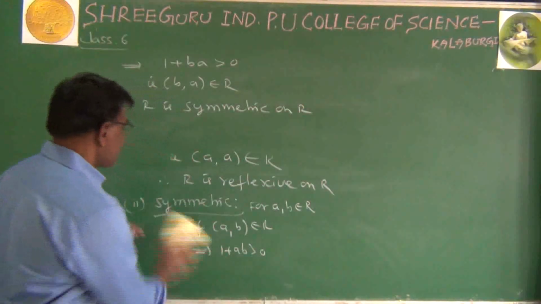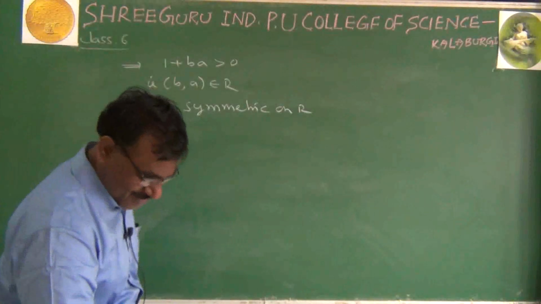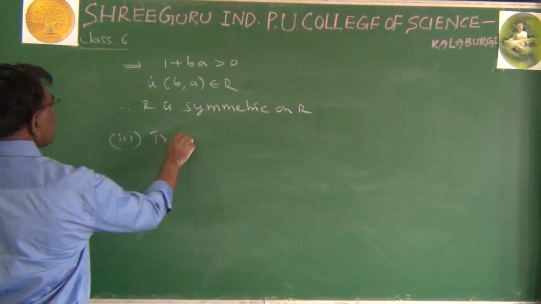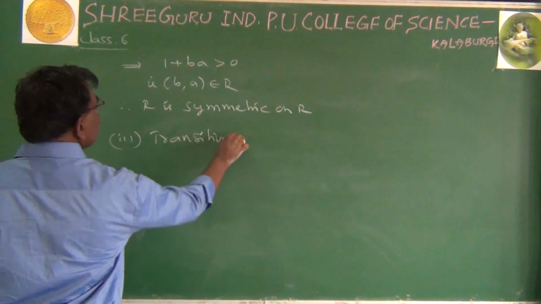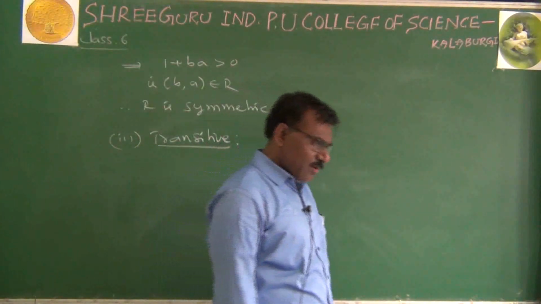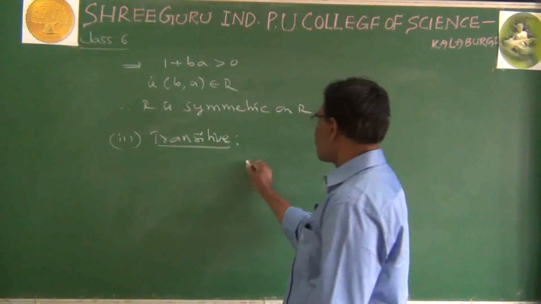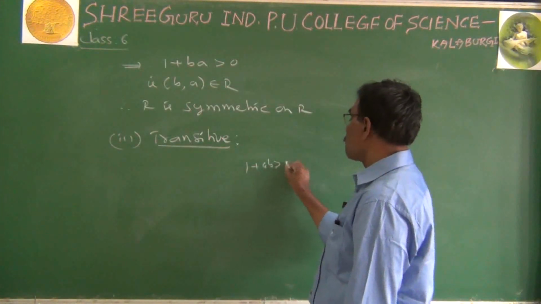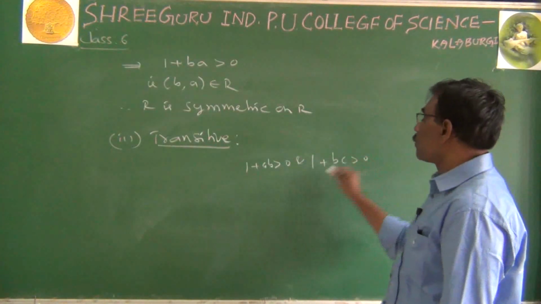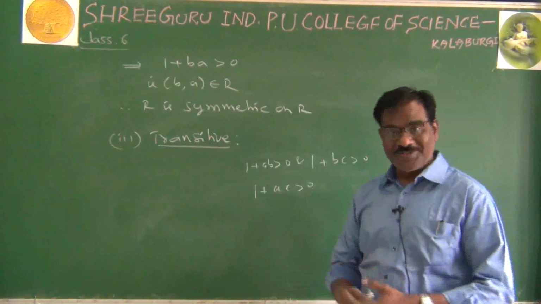Then what is next? Let me check whether it is transitive or not. Now third one, transitive, whether it is satisfied or not. Usually students take 1 plus ab is positive and 1 plus bc is positive, then 1 plus ac is positive, hence it is transitive.